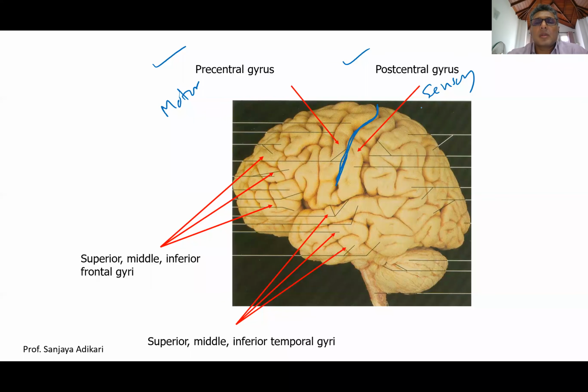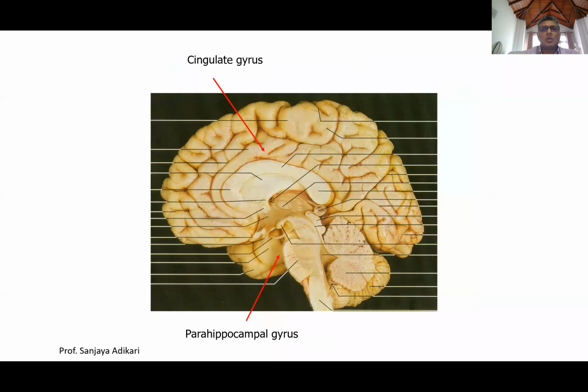Now this is the frontal lobe, which is divided into superior, middle, and inferior frontal gyri. Then the temporal lobe is also divided into superior, middle, and inferior temporal gyri. So these are all important gyri that you need to know.